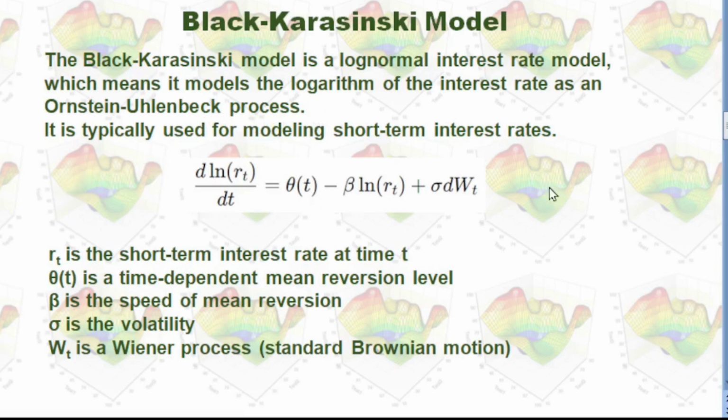This is the formula for the Black-Karasinski model. The r_t, same as in the CIR model, is the short-term interest rate at time t, and theta_t is a time-dependent mean reversion level. Beta is the speed of mean reversion, and sigma, similarly to the CIR model, is the volatility, and W_t is the Wiener process.